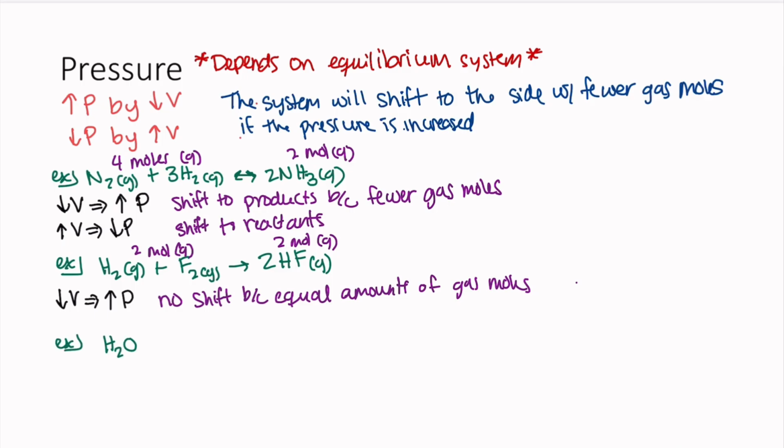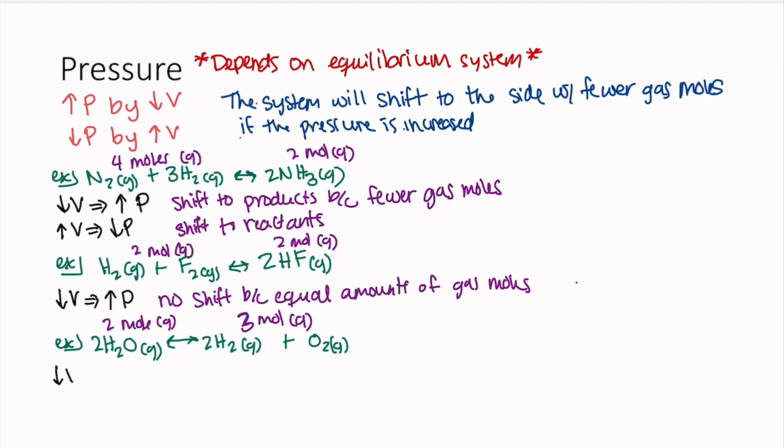If we look at the decomposition of water vapor going to hydrogen gas and oxygen gas, when we balance this out, we're going to have 2 moles of gas on my reactant side and 3 moles of gas on my product side.